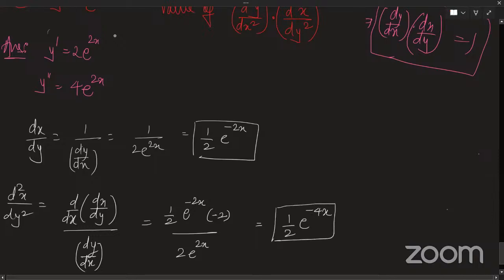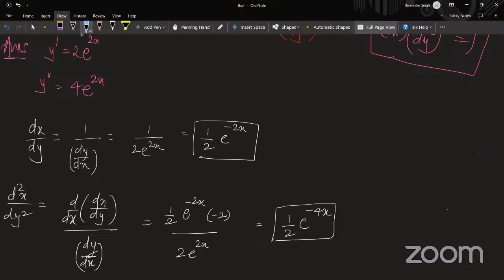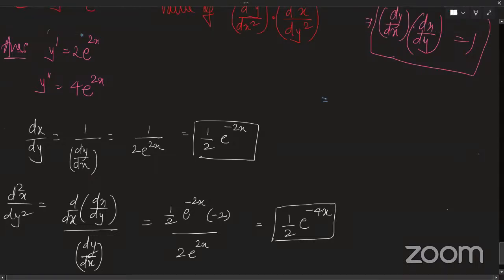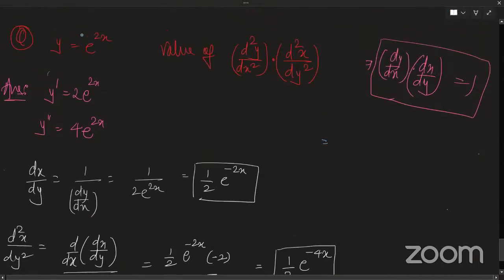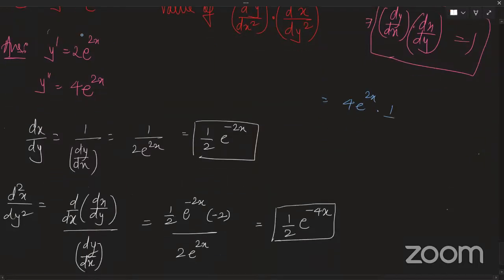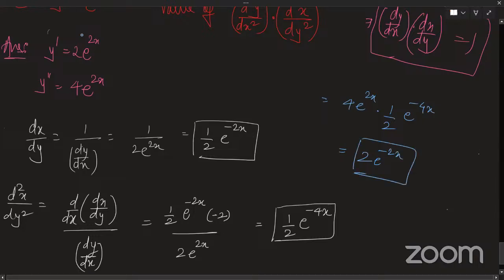So my value of this thing that it is asking me will be 4 into e raised to 2x into half into e raised to minus 4x. So it will basically be 2 into e raised to minus 2x. This is my final answer.